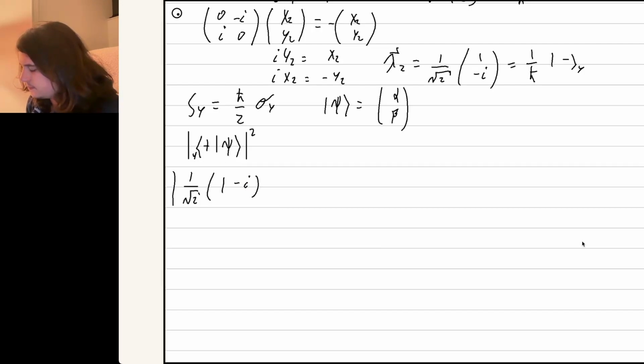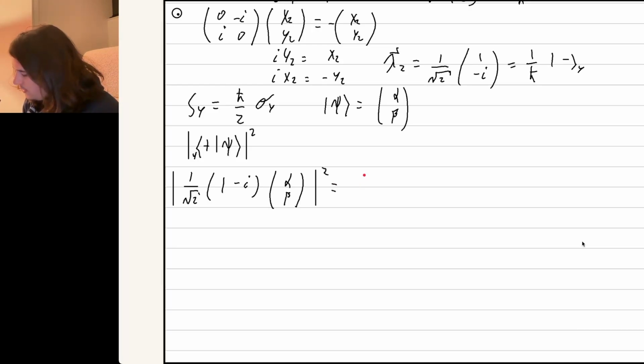And this is multiplied by alpha beta, the column, square modulus of that, which will give us alpha over root 2 minus i beta over root 2 under a square modulus.